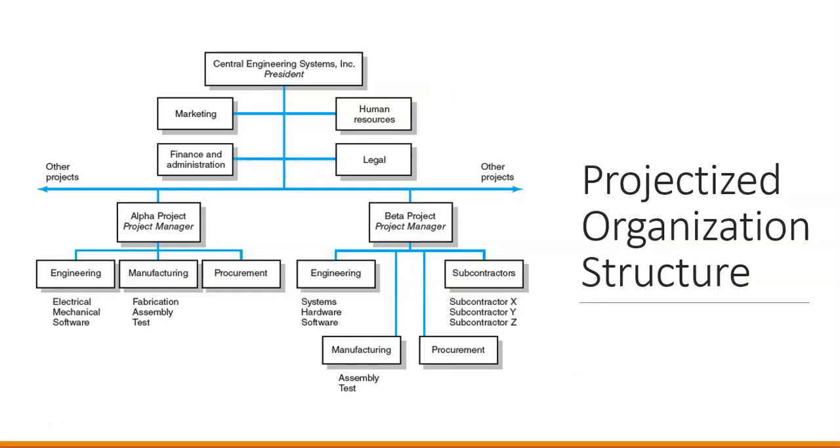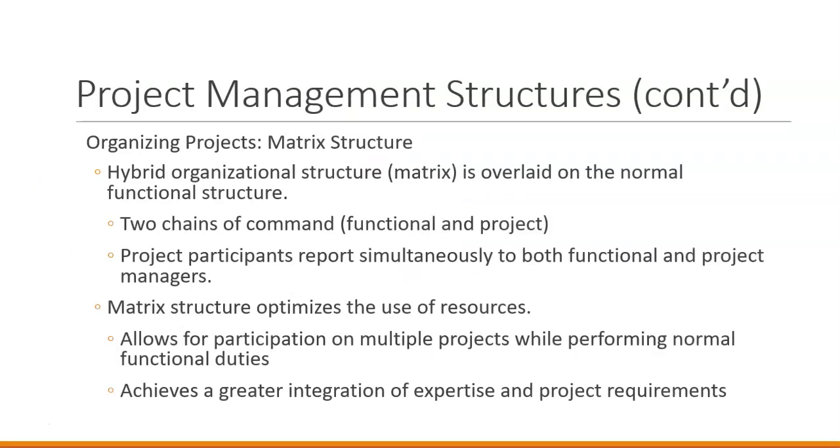The last project organization team that we talk about is a matrix structure. The matrix structure combines the functional and the project. We have two different chains of command. It optimizes our resource use.